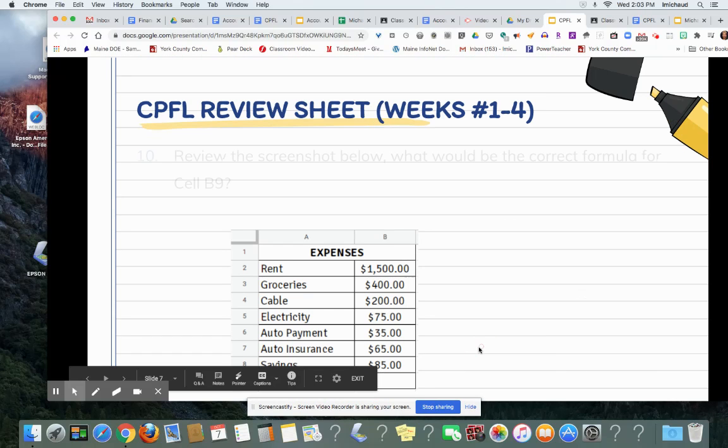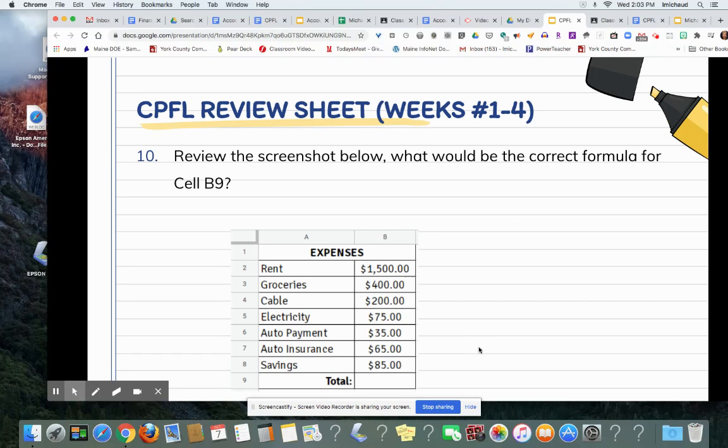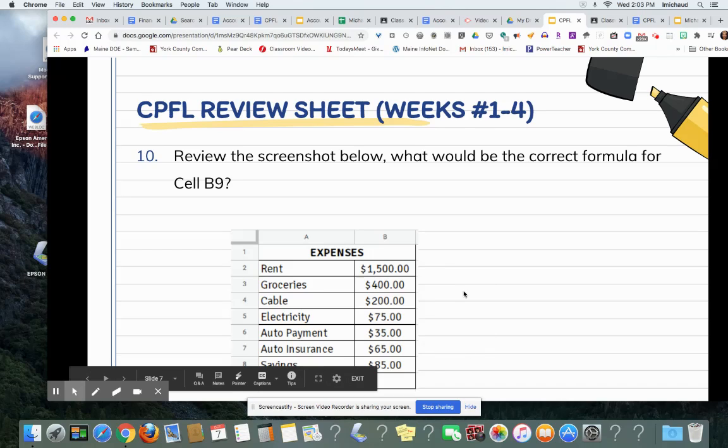And then question number 10. Review the screenshot below. What would be the correct formula for cell B9? So what we have over here is a bunch of expenses in column B, and it goes from B2 all the way down to B8. So we're adding a range of adjacent cells that are side by side.